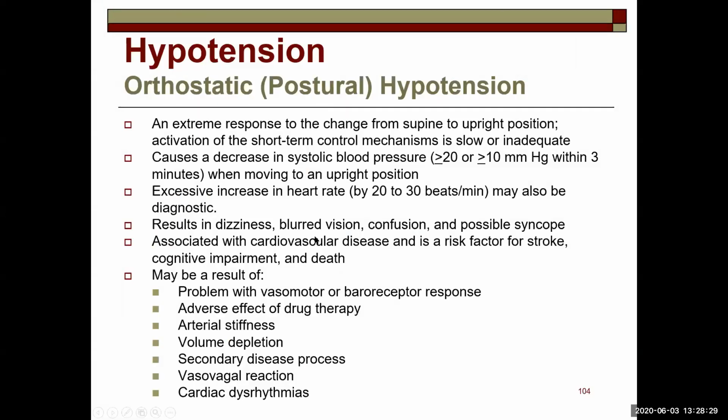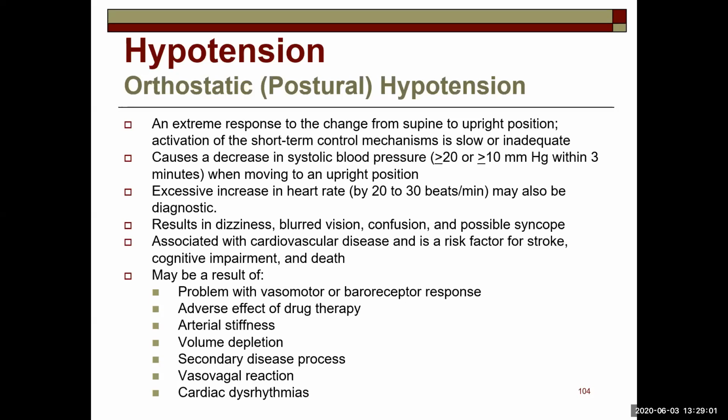So hypotension is the opposite. That's basically low blood pressure. Usually you want the pulse pressure to be within a range. Do you know what a pulse pressure is? Anybody? It's the difference between systolic and diastolic pressures. Yes.